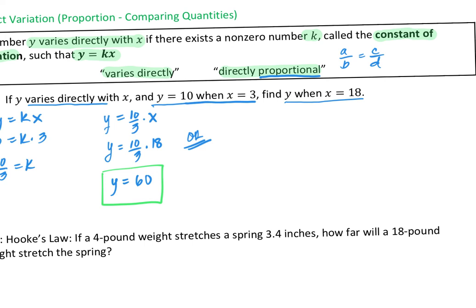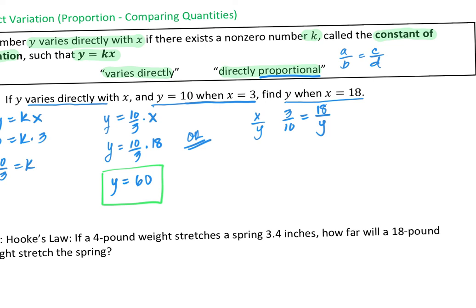Here we're comparing x and y. So I can either set it up as x over y, and in the first part I know that when x is 3, y is 10, so that should be equal to when x is 18, solve for y. And then I have a proportion that I would maybe do cross multiplication and solve for y.